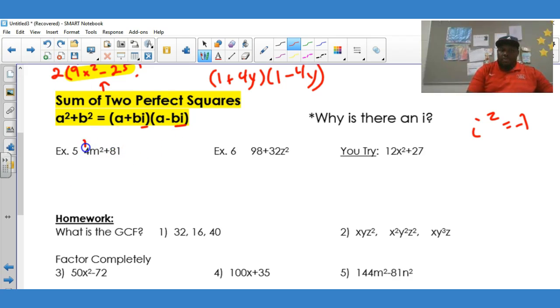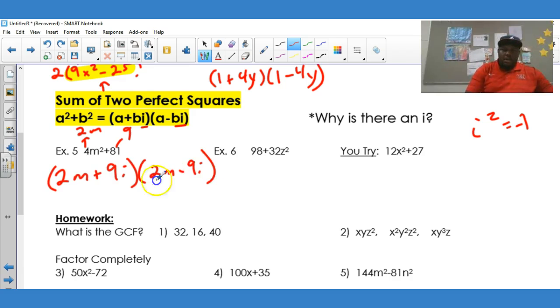The square root of 4m squared is 2m, and the square root of 81 is 9. But don't forget your i. So what you have is 2m plus 9i and 2m minus 9i. Just like that, okay?